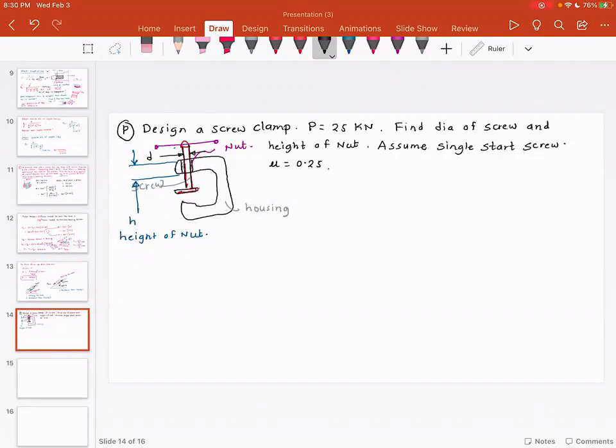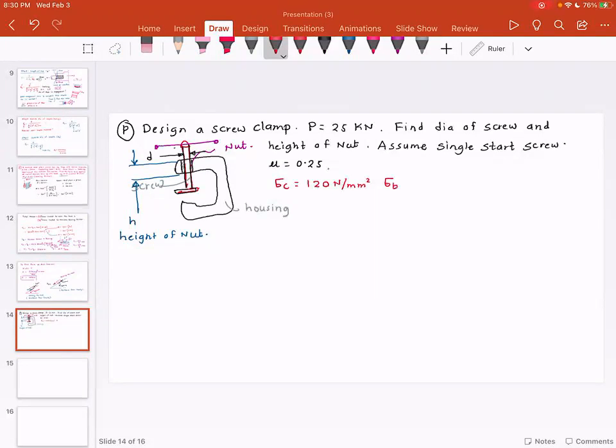And again, the stress values can be given or they cannot be, they just say the material. But in this case, they give us the values of the design stresses. Sigma C is 120 Newton per millimeter square.